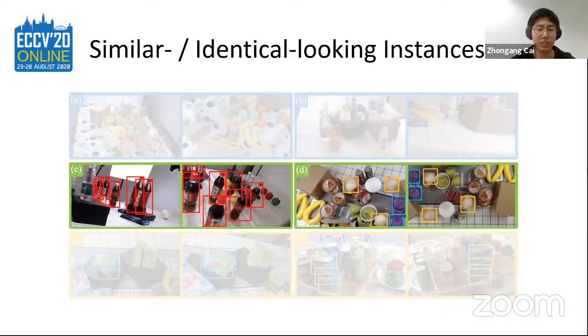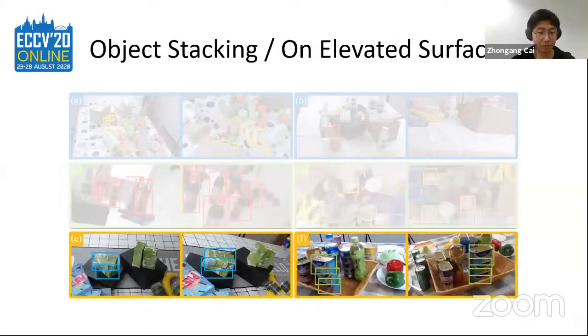We also include these challenges in our data set, so you can see sub-figure C and sub-figure D. In each of the sub-figures, we have multiple products of the same type present on the same table, observed from different angles, right? This also causes a lot of problems.